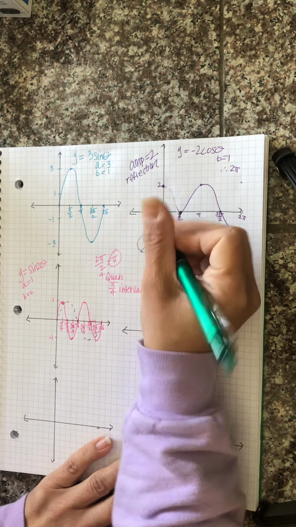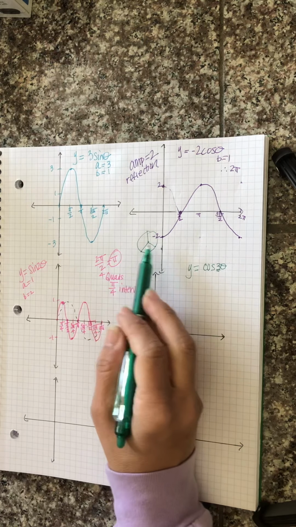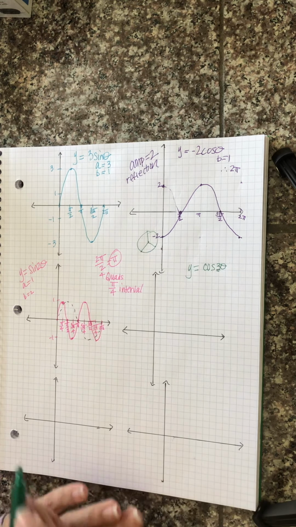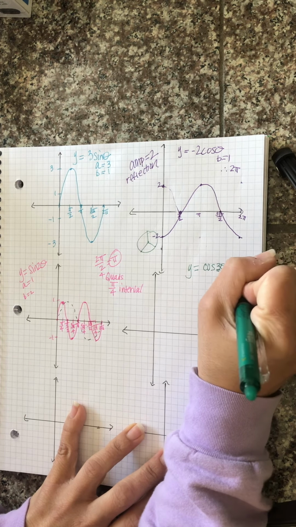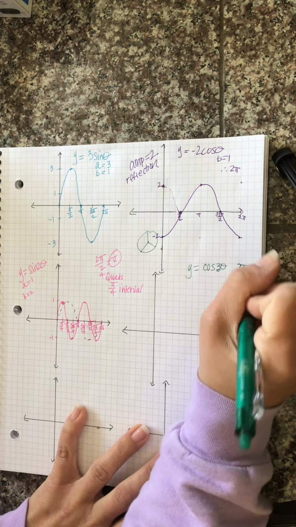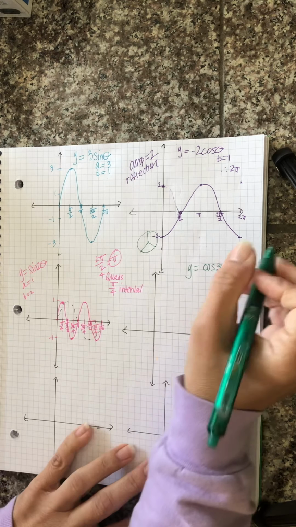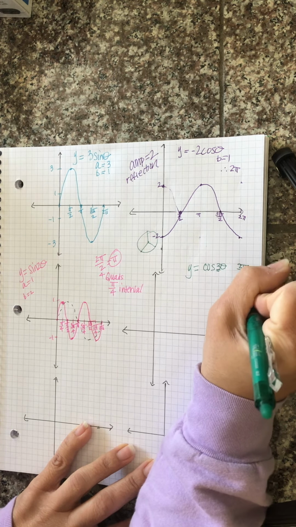Boom, boom, boom. Looks like a peace sign, huh? So I'm splitting up this pizza among 3 of my friends. We are each going to get 2 pi over 3 slices, or 2 pi over 3, I don't know what you want to call it, like area of the circle. So 2 pi over 3 is the period.